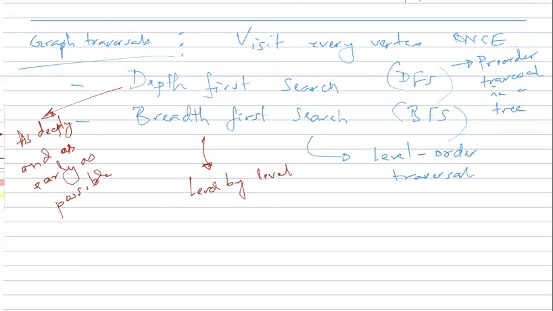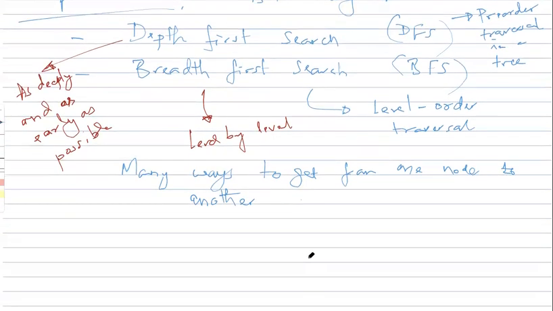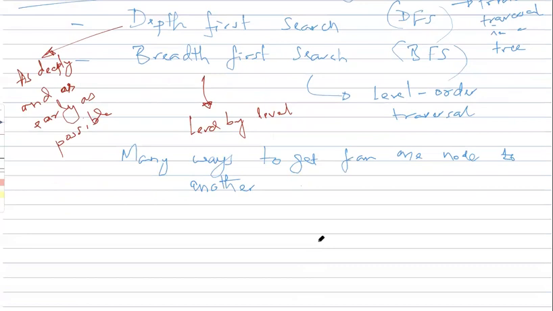So clearly, there are many ways to get from one node to another in a graph. Let's take an example. Suppose I connect some vertex here.